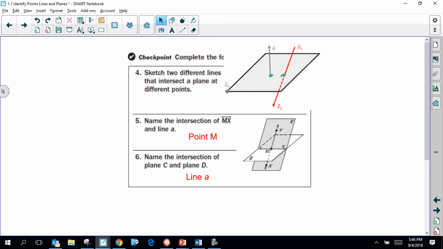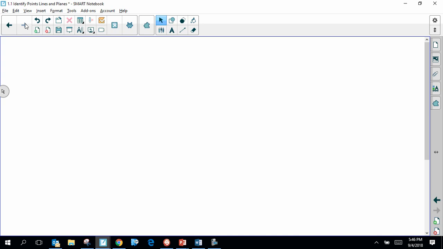So those are the foundational concepts of things that we talk about in high school, otherwise known as Euclidean geometry. The undefined terms that we have are points, lines, and planes, because those make up everything else that we study.